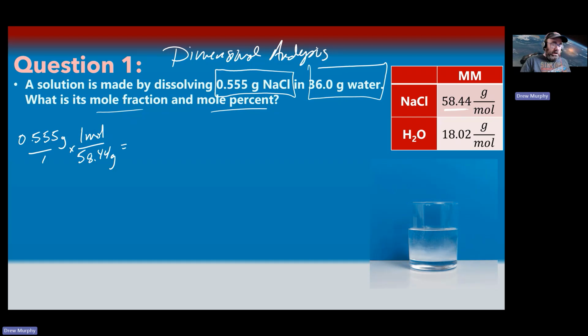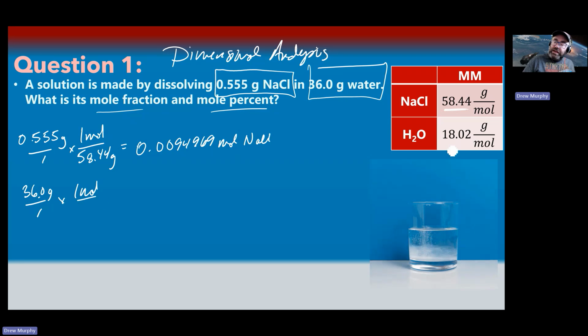0.555 divided by 58.44 is 0.0094969 moles, and that's moles of solute, moles of sodium chloride. We also need moles of water, so that's 36.0 grams, and 1 mole of water is 18.02 grams.